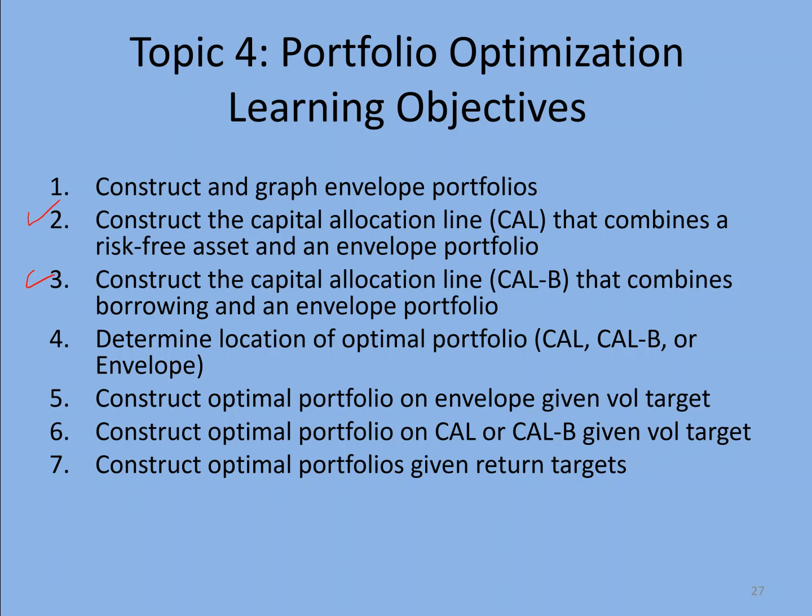We then looked for optimal complete portfolios, either on the CAL, CALB, or the envelope by looking at their return or volatility compared to the return and volatility of the optimal borrowing portfolio or optimal risky portfolio. We then constructed optimal complete portfolios on the envelope, on the CAL, on the CALB for both return targets and volatility targets.